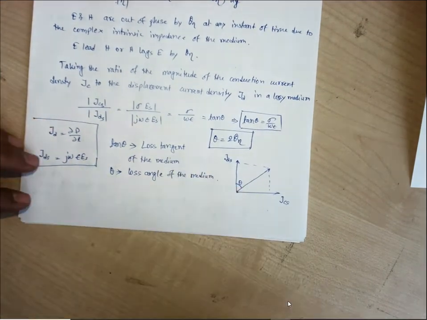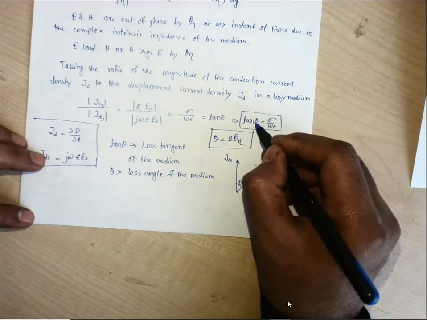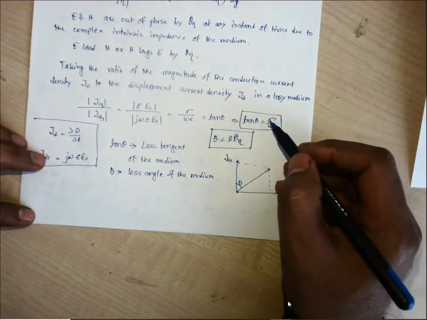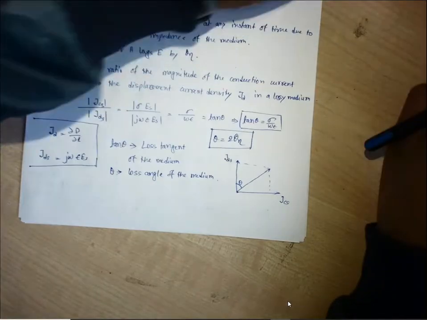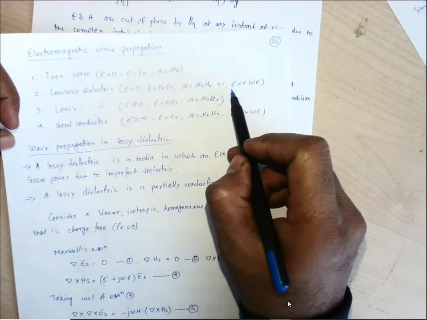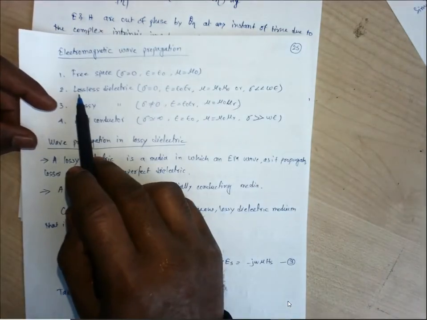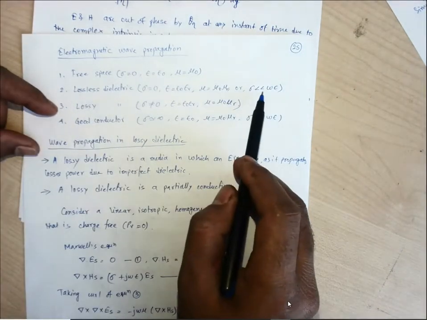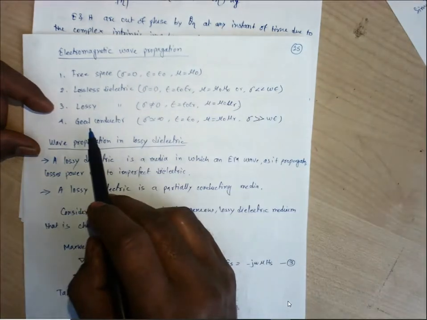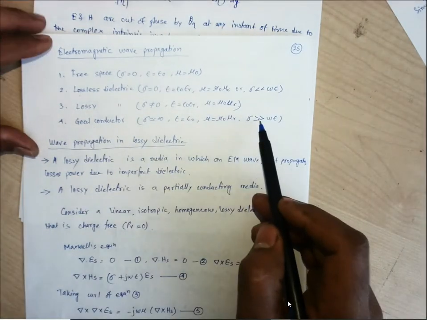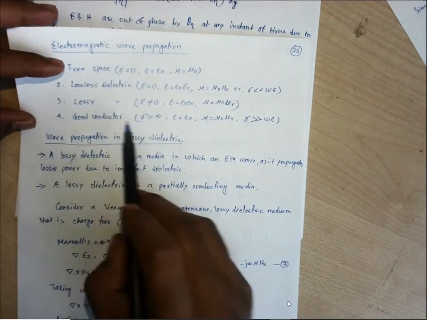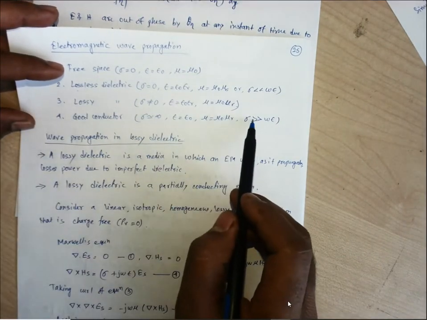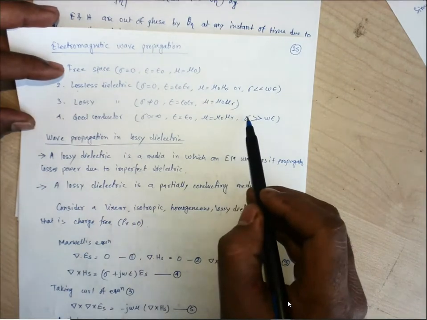So from this, how can we define the medium if we have this loss tangent? If you can remember, we have specified our medium with respect to this. These are the different specifications of the medium. If it is a lossless medium, sigma is less than omega epsilon. If it is a good conductor, sigma is greater than omega epsilon. For a good conductor, the medium should have greater conductivity, so sigma should be greater.